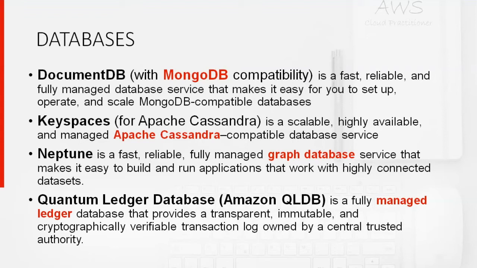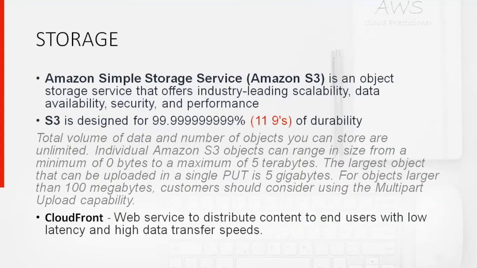Neptune is a fast, reliable, fully managed graph database service that makes it easy to build and run applications that work with highly connected datasets. Quantum Ledger Database, Amazon QLDB, is a fully managed ledger database that provides a transparent, immutable, and cryptographically verifiable transaction log owned by a central trusted authority.